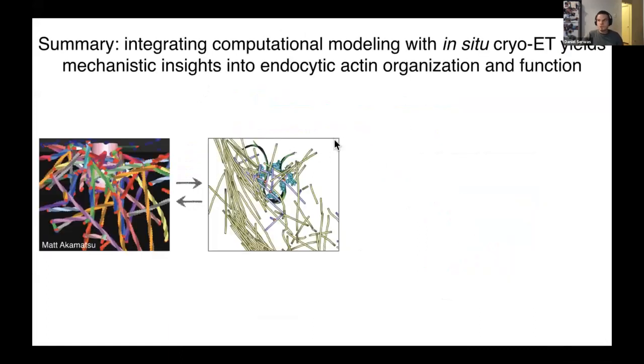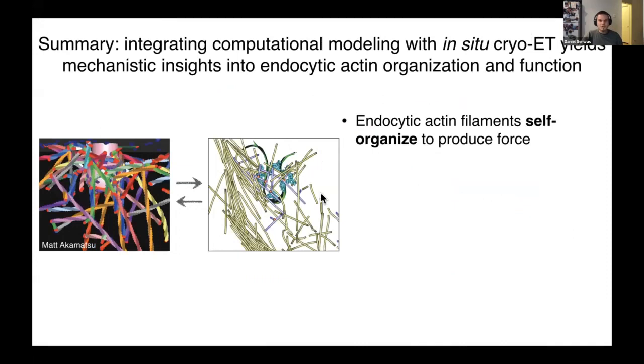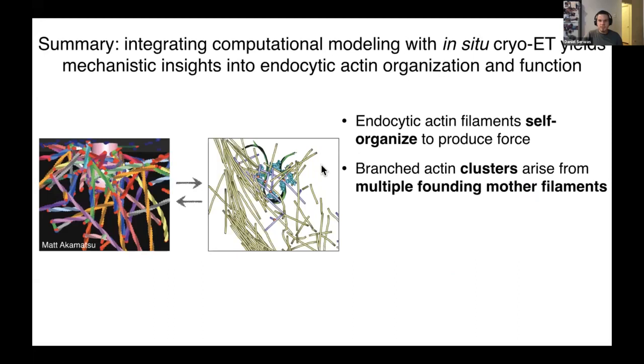To sum up what I told you today, we found that endocytic actin self-organizes into branched arrays that produce force by polymerization. We found that branched actin is initiated by multiple founding mother filaments.